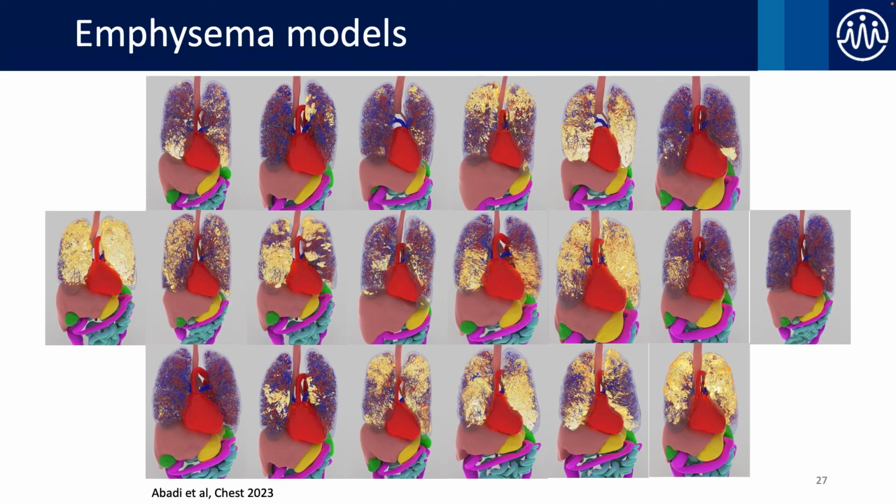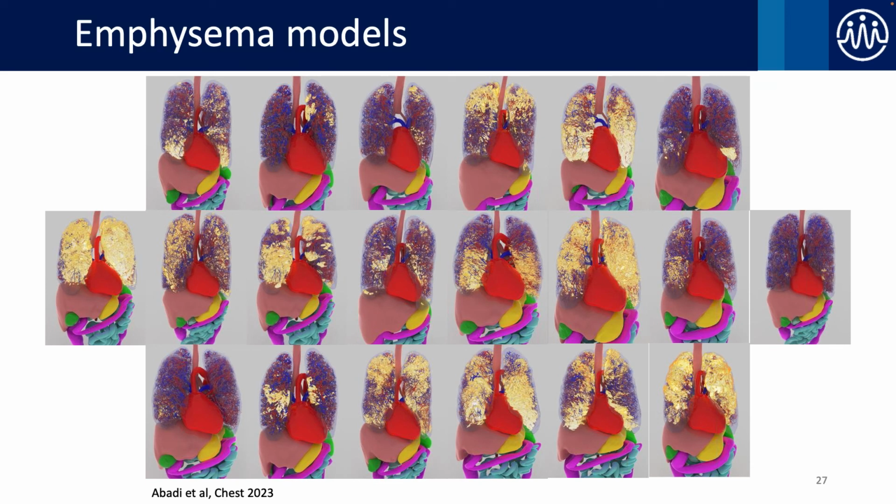So we created this variety of human models with emphysema. As you see here, the yellow regions reflect emphysema, and you see there are different shapes and types and extents and distributions of them. And then we imaged this with our simulator across various scanners, across various acquisition settings and image processing algorithms.